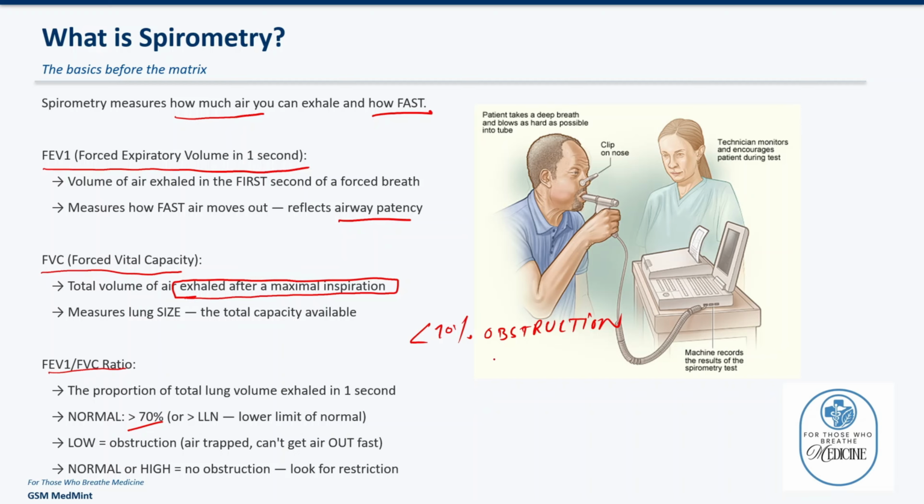If the ratio is normal, greater than or equal to 70%, this means no obstruction, the airways are fine. If the FVC is also low, the problem is restriction. The lung is small, the patient cannot get the air in fully.